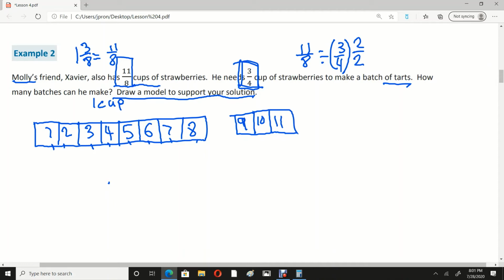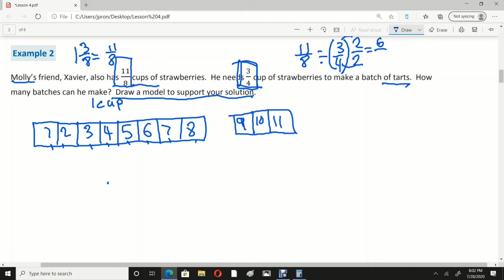Go back to the opening exercise that we use. When we multiply any fraction, any number, by 1, which 2 over 2 is equal to 1, it doesn't change its value. So when we multiply, we're going to get an equivalent fraction. We multiply numerators by numerators, denominators by denominators. 3 times 2 is 6.